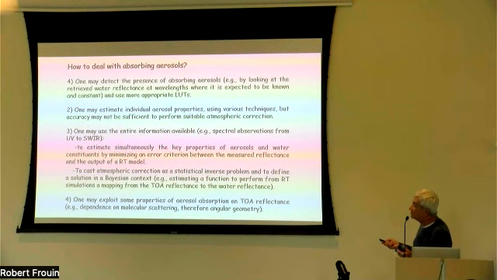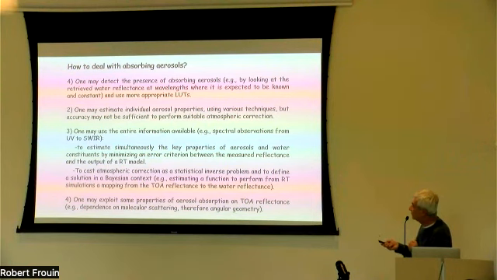And in this case, you may estimate simultaneously the key properties of the aerosols and water by minimizing some kind of error criterion between the measured reflectance and the output of a radiative transfer model. So these are some techniques that have been used.